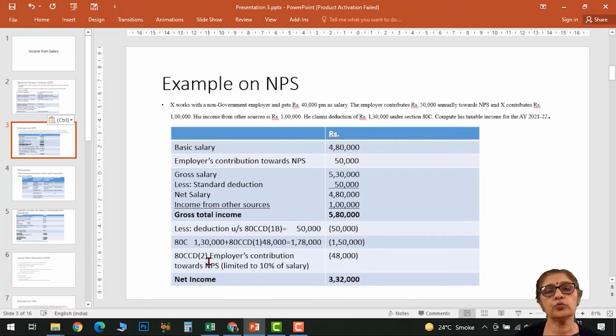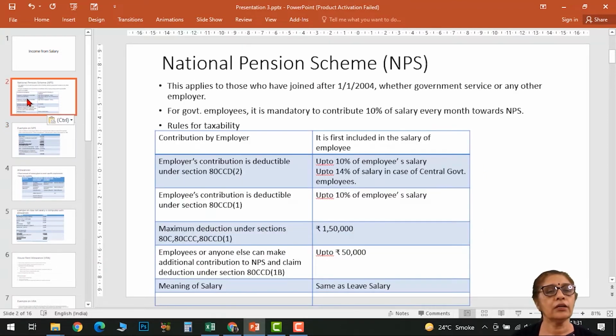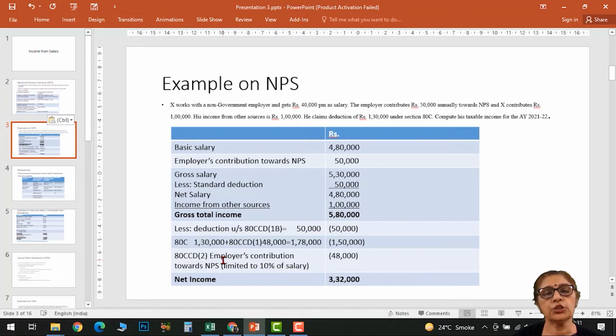Then CCD2 relates to the employer's contribution, and the employer's contribution we have done. If you are a government employee, 14% of your salary will be deductible under CCD2. If you are a non-government employee, then 10% of your salary will be deductible under CCD2. So 10%, as we have done here in the case of CCD1. Similarly, we do it for CCD2 also.